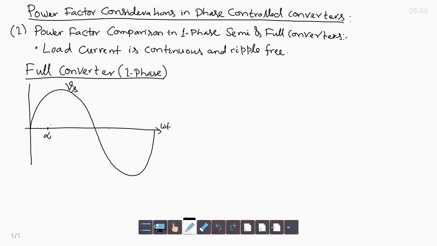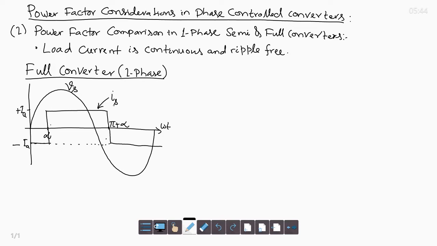Then from alpha to pi plus alpha, source current is plus Ia, and from pi plus alpha to 2 pi plus alpha, source current is minus Ia. So this is the source current waveform.